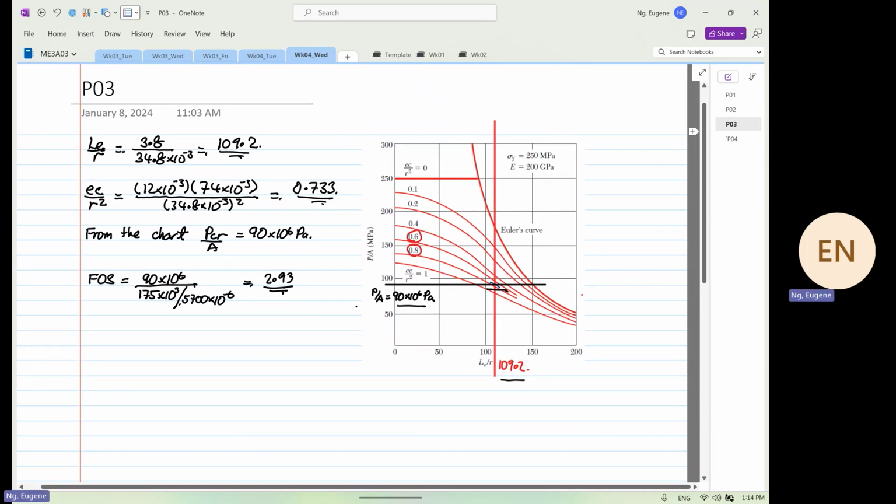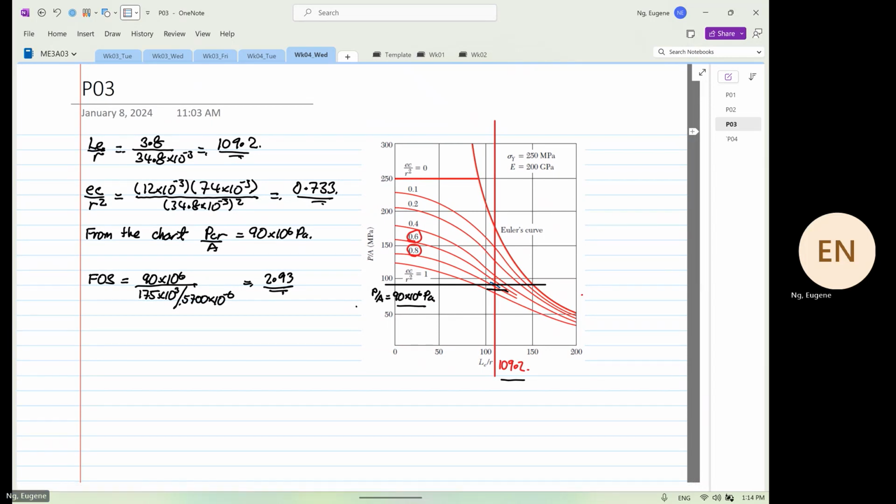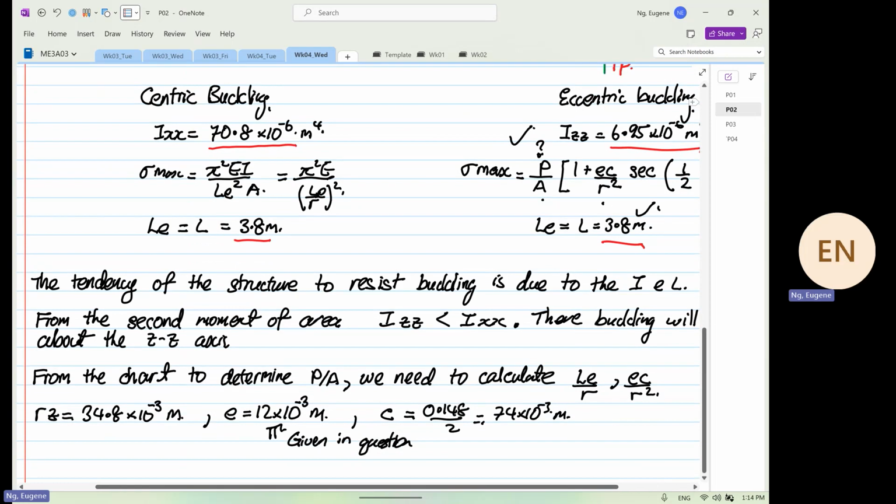Any questions? Yes. Either way, if I don't give the chart, you have to use the full-blown formula. If I give it, you just use this. The full form of the formula means you have to calculate from here.